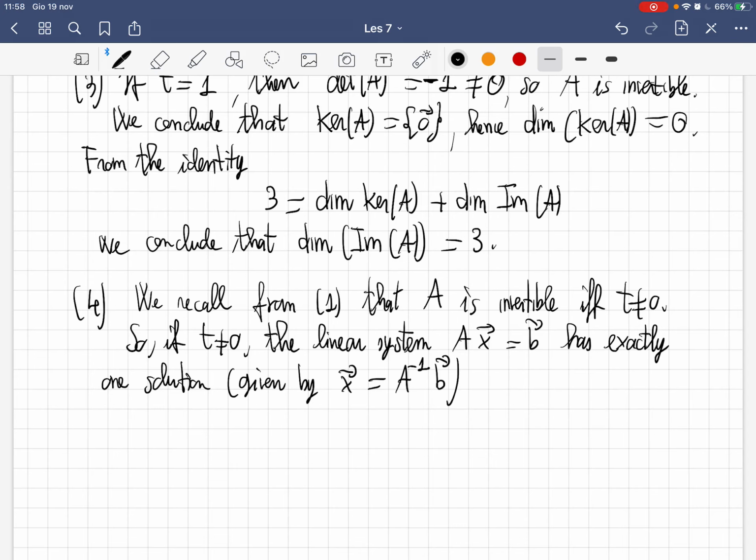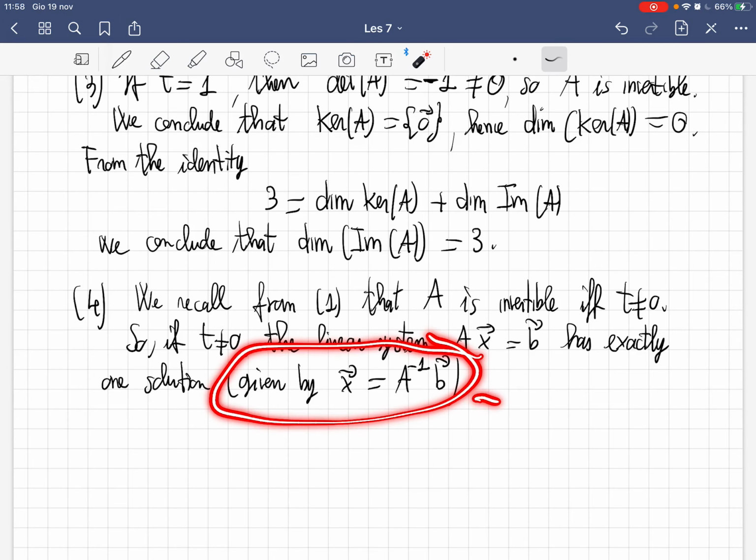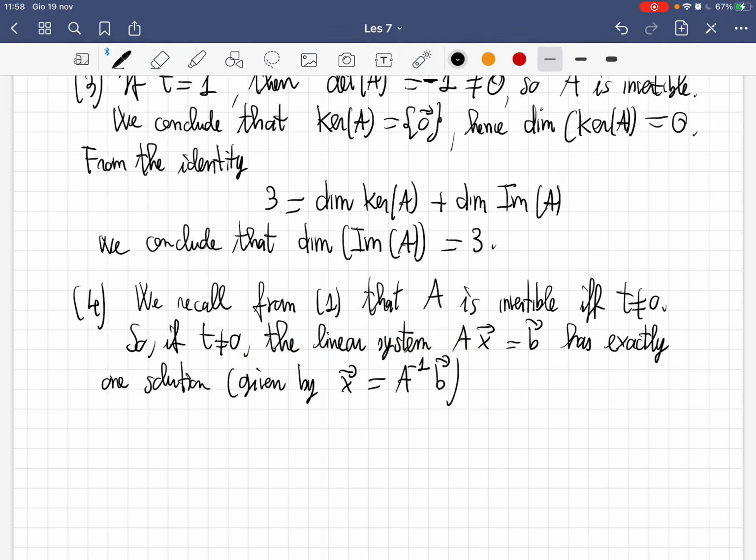It's not really important to say what the solution is. You can also omit this part. But yeah, I just wanted to add this. Just for the pleasure. I just like to have it written down. But it's not necessary. Okay. Exactly one solution.